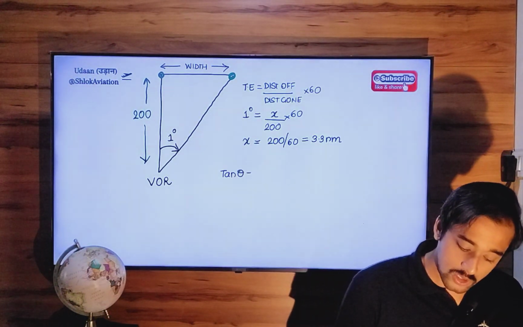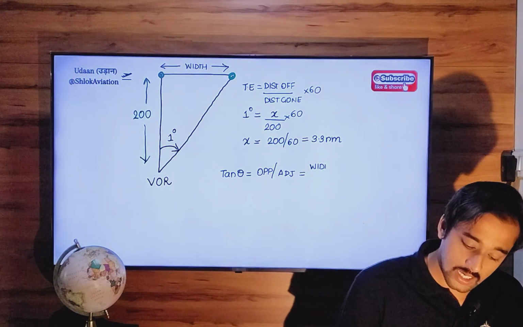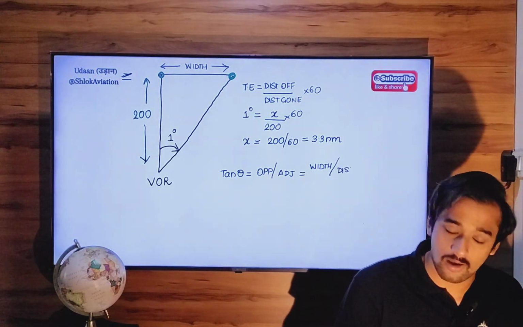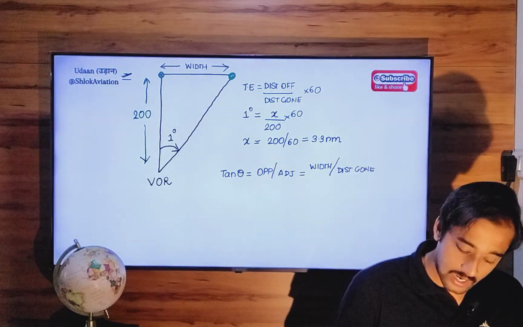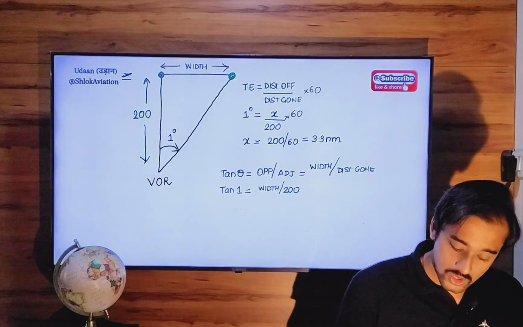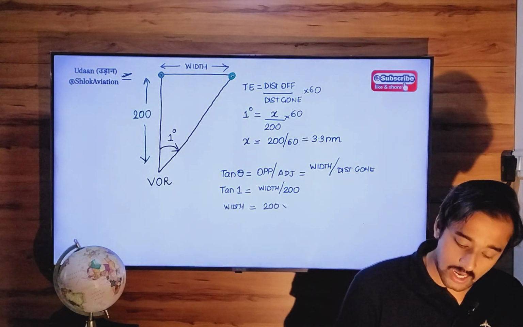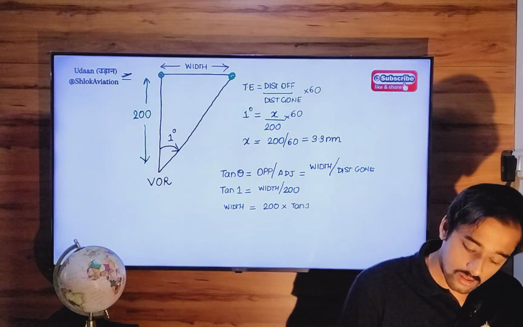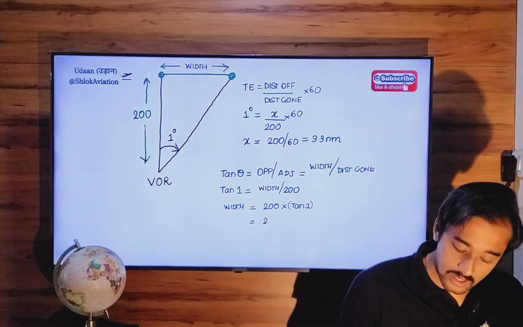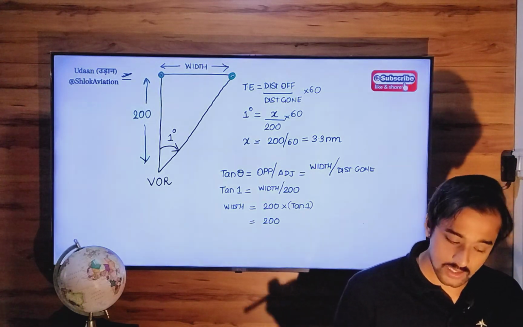You can use the tan theta formula also. Tan theta is opposite side upon adjacent side, which is equal to width, in this case, divided by the distance that you have traveled. So tan 1 is width divided by 200. So width is equal to 200 into tan of 1, is equal to 200 into 0.017.